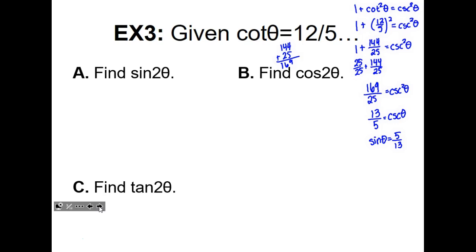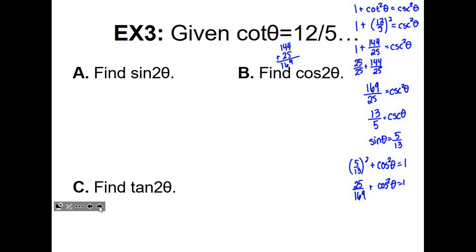So we'd have 5 over 13 squared plus cosine squared theta equals 1. So that'd be 25 over 169 plus cosine squared theta equals 1.